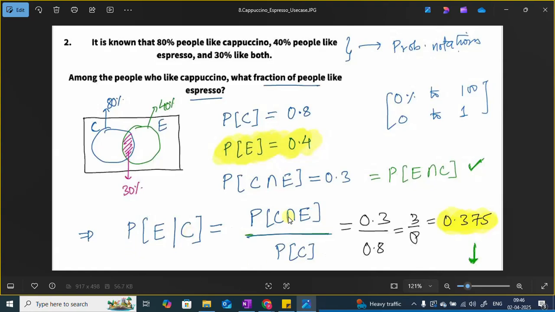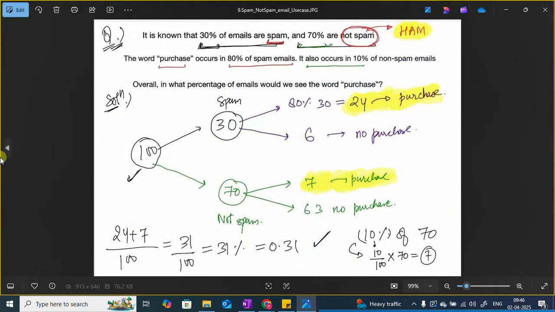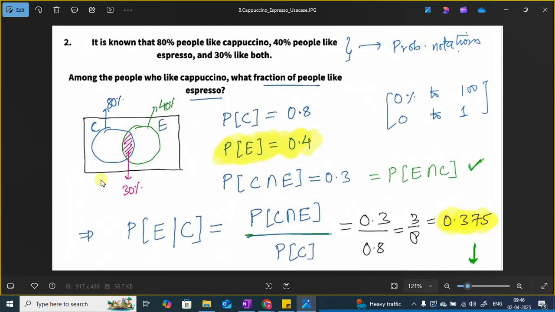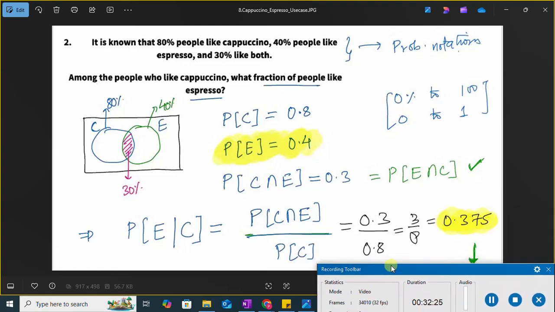If I convert into percentage, then it will become 37.5 percentage, right? Because two shifts will happen to the right hand side. Clear? Any doubt so far? Please let me know.